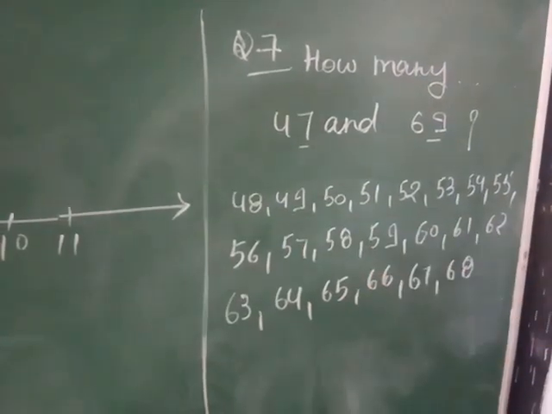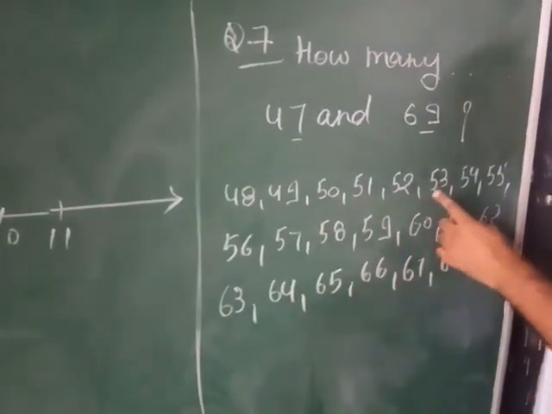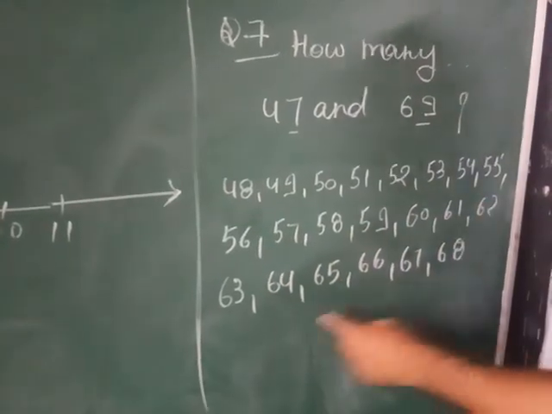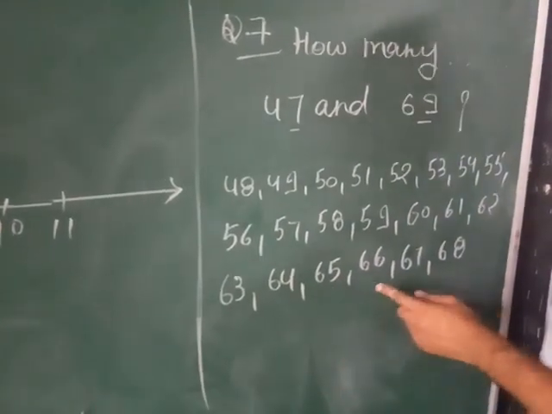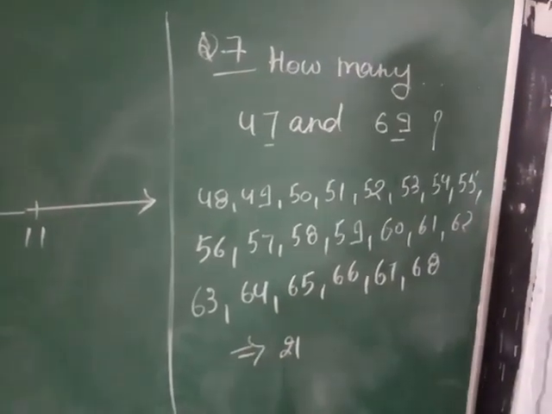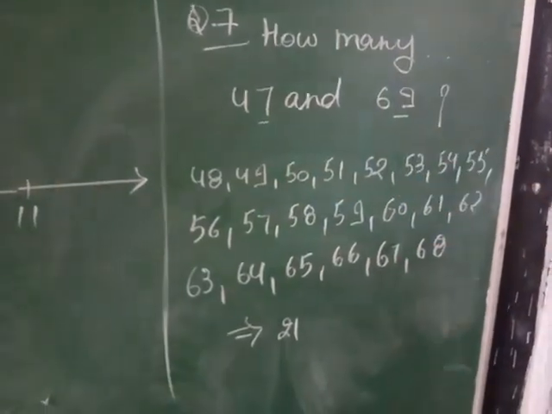So now count these numbers: 1, 2, 3, 4, 5, 6, 7, 8, 9, 10, 11, 12, 13, 14, 15, 16, 17, 18, 19, 20, 21. So the answer will be 21 whole numbers between 47 and 69.